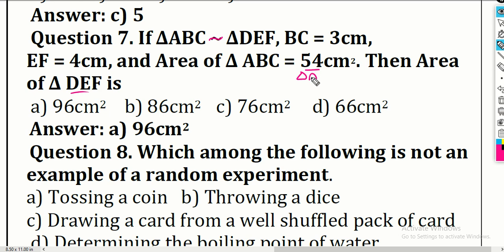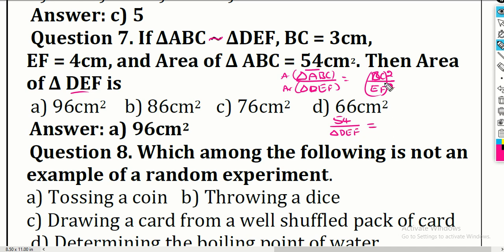So here the area of triangle ABC divided by the area of triangle DEF is equal to BC square divided by EF square, or BC by EF whole square can also be written. So here we have to substitute the values. Area of triangle ABC is 54 divided by area of triangle DEF, you have to write this as it is.